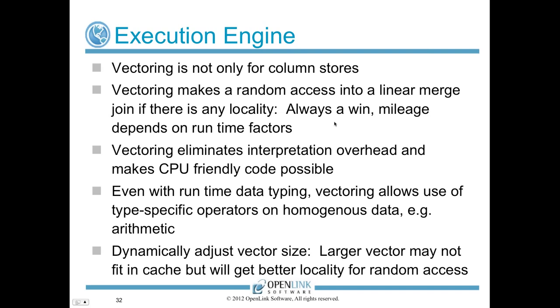And if you do ordered memory access, you automatically get cache prefetching and such features from modern CPUs. You can also program your database engine with tight loops that take advantage of superscalar execution, out-of-order execution, and all of this. So vectored execution is a very good fit for modern hardware.